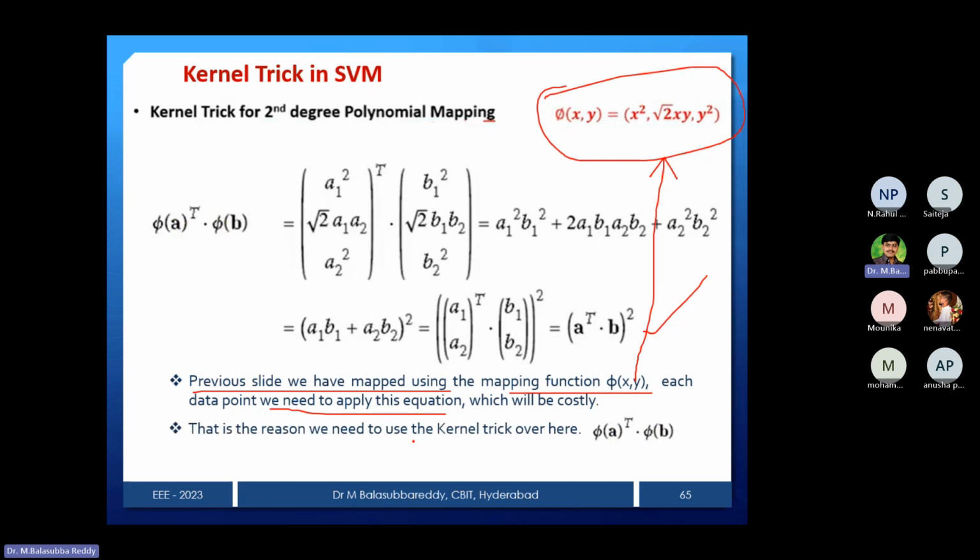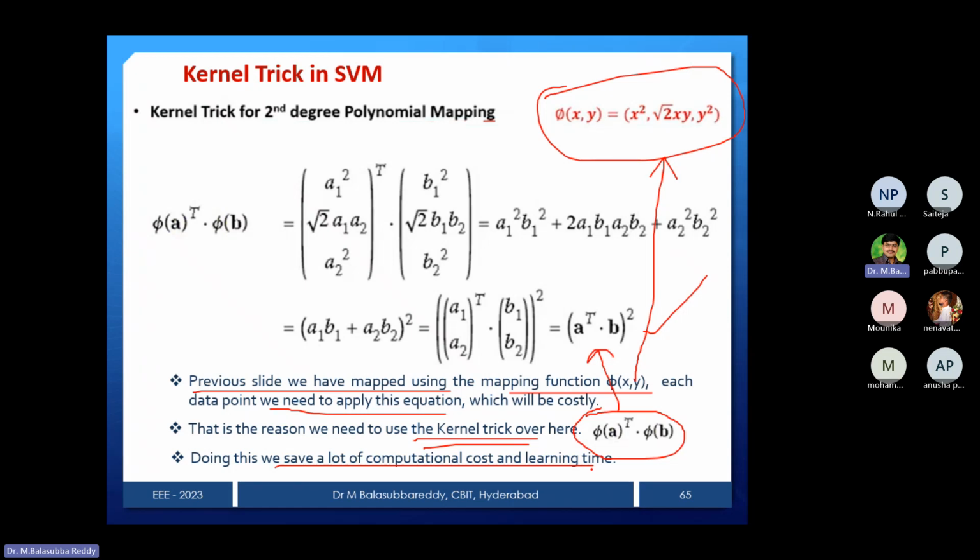That is the reason we are using the kernel trick here. What is the kernel trick formula? This is your final kernel trick: whatever points are there, A and B, A transpose dot product B, whole square. It will give us the kernel trick. By doing this, we saved a lot of computational cost and learning time.